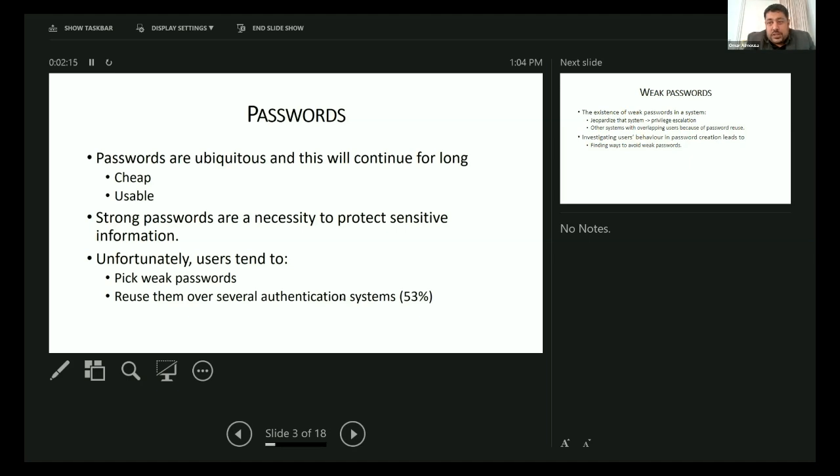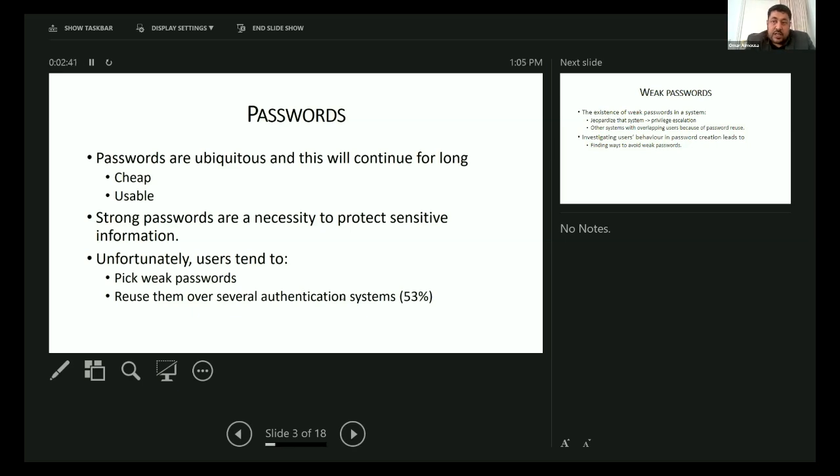Strong passwords are a necessity, so we need them to protect sensitive data and information. Unfortunately, people are picking weak passwords, or they are reusing passwords in different systems, which more than half of people are doing.